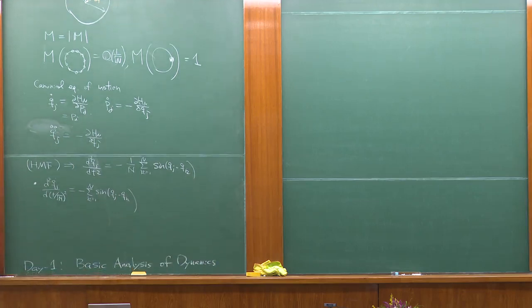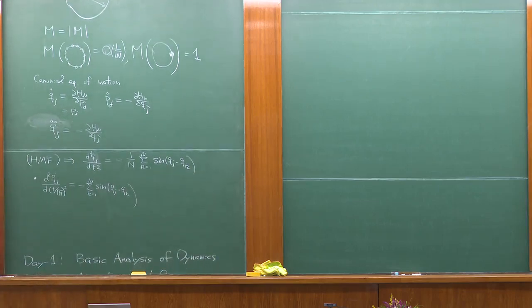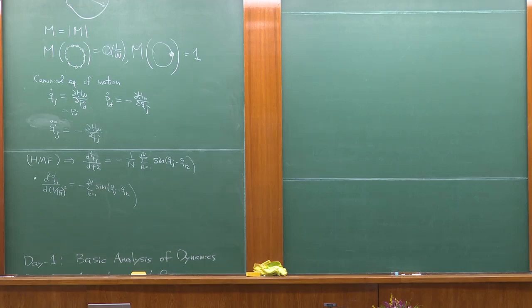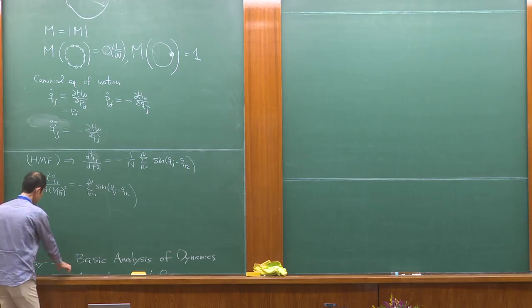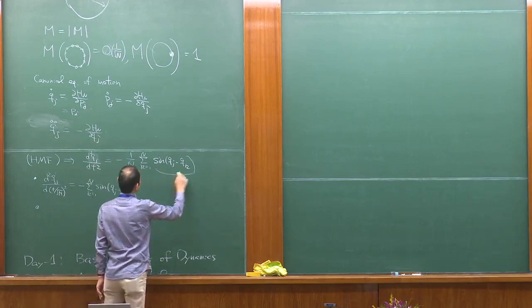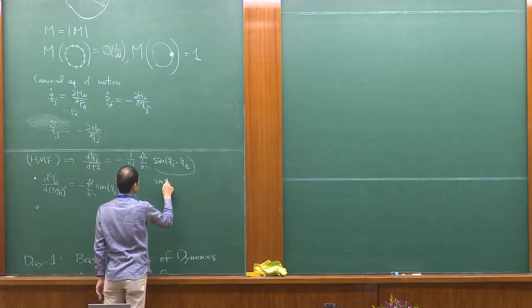So Kac prescription introduced the time scaling of square root N. So in the example of Mikhail, the time scaling was N, but in this case, the time scaling is square root N. So it depends on the system. And the second remark is, so this one, we can expand something like this.